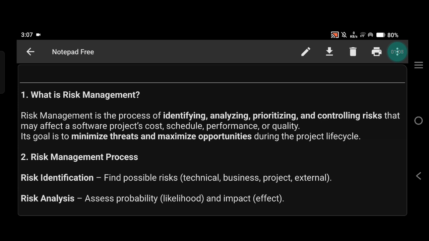For example, a project may get delayed, or a team member may suddenly leave, or a new technology may not work as expected. So risk management helps us to reduce threats and increase the chances of success in a project.